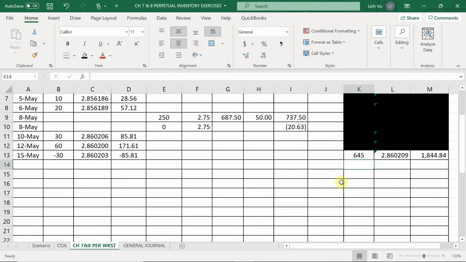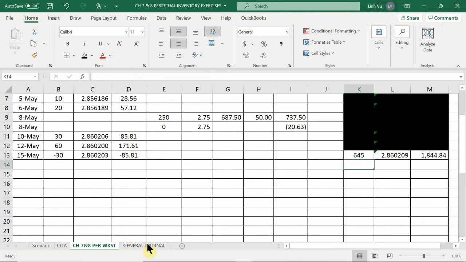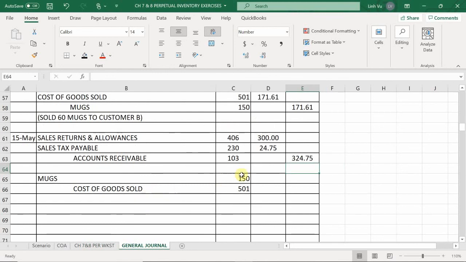All right. So here we figured out what the cost of goods sold is. It's $85.81. So I've got to plug that number in, 85.81.